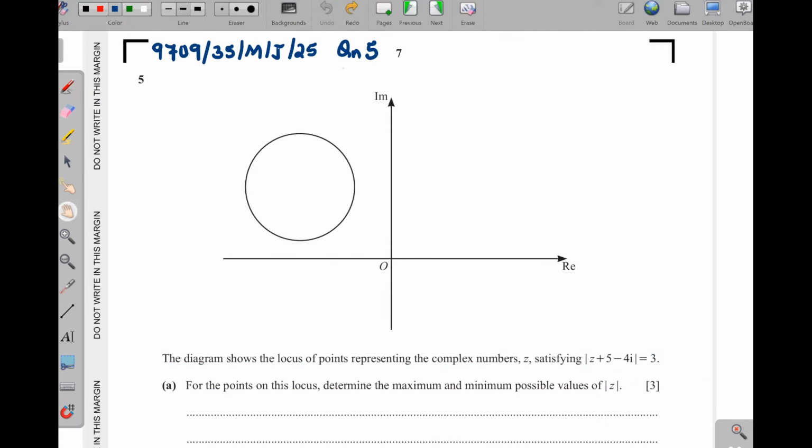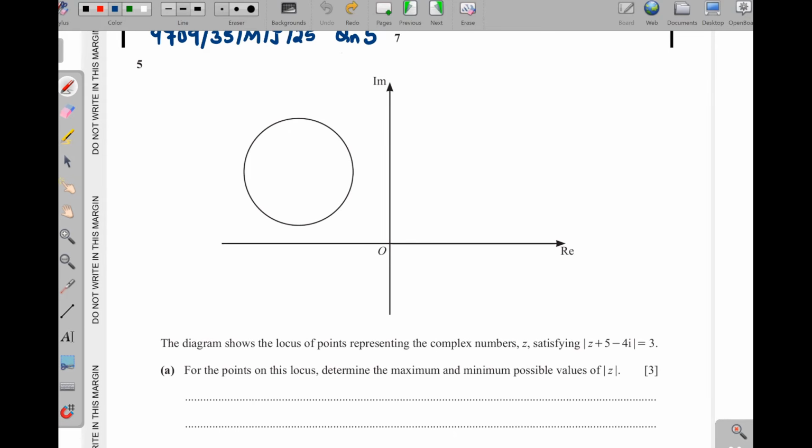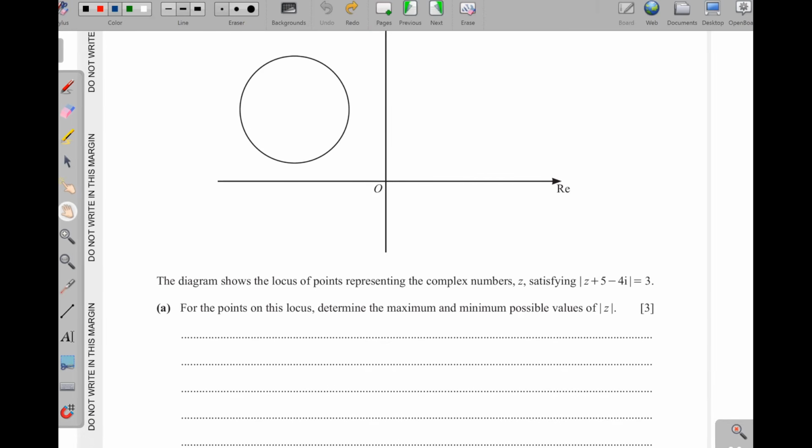Now this one here represents a circle, okay? When you see that you have the modulus signs on one side, that will be a circle, and this one is the radius. Now we have z plus 5 minus 4i.